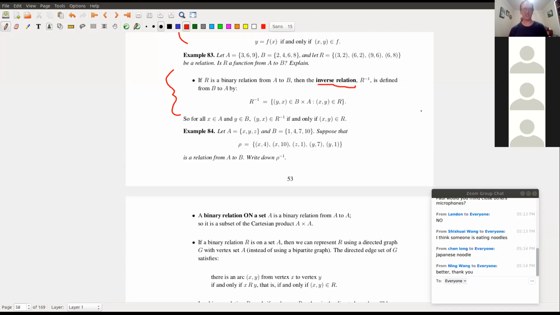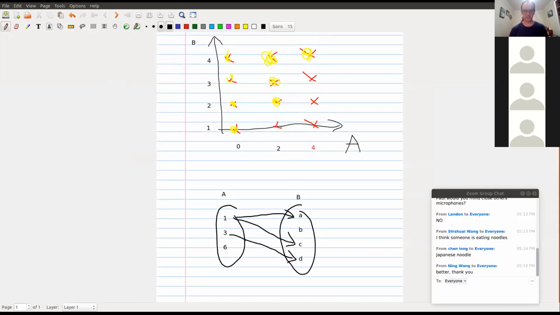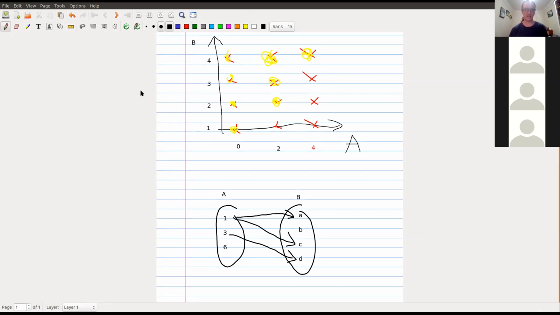The inverse relation, if we were looking at this guy, I'll go back to my bad picture. All you do is delete the arrow, flip it around and point it back the other way. So A points to 1 instead of 1 pointing to A, C points to 1 instead of 1 pointing to C, D points to 3. You can see that as a formula back in the notes.